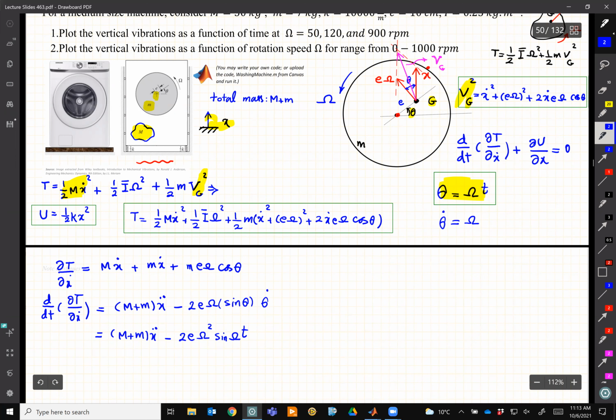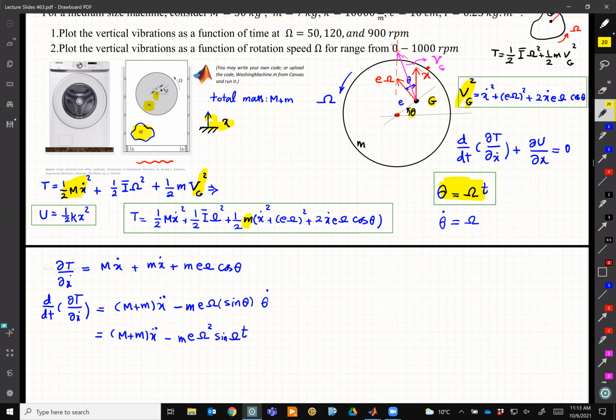So let's simplify it. It's going to be m. Then this will be m, and this will be m. You're right, thank you. We have an m here which multiplies the whole thing.